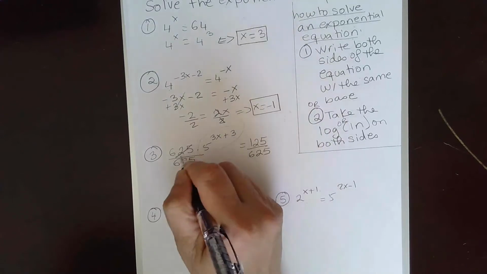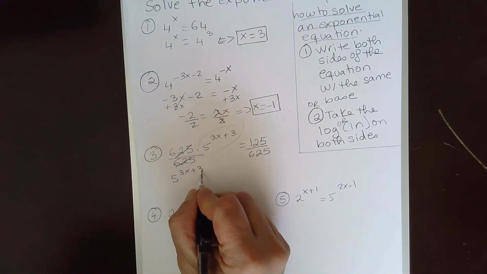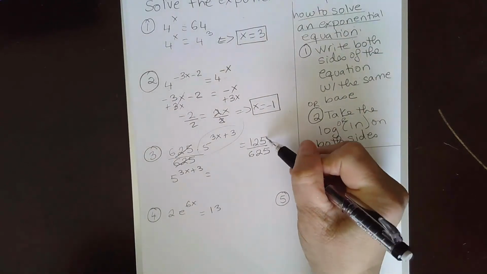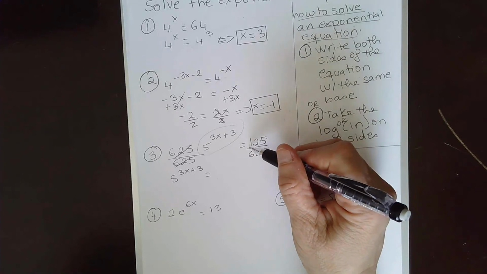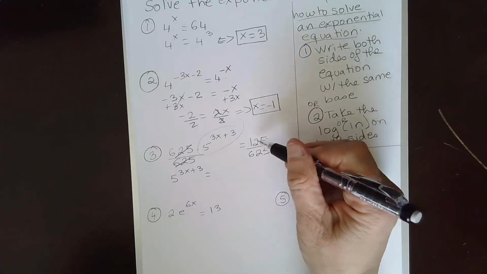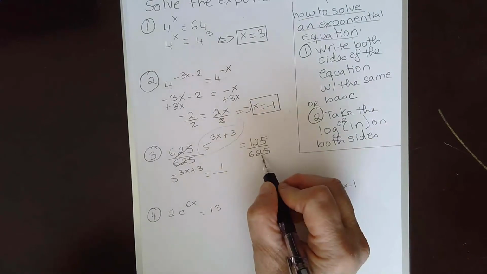So this cancels. Now you're left with 5 to the 3x plus 3 equals. Now you notice here you can simplify, right? They're both divisible by 125. You divide 125 by 125, you get 1. And if you divide 625 by 125, you get 5.